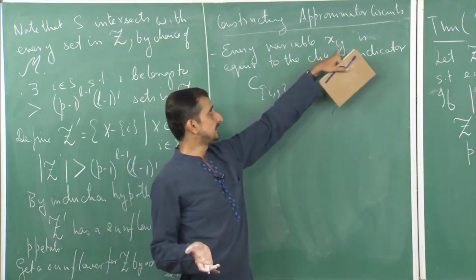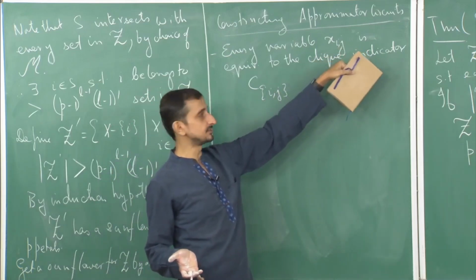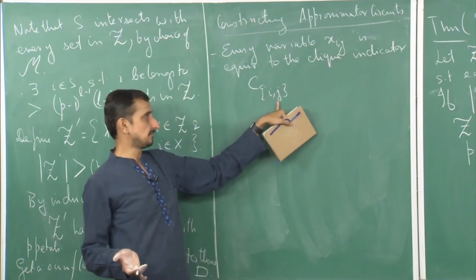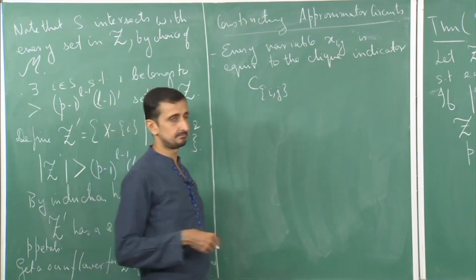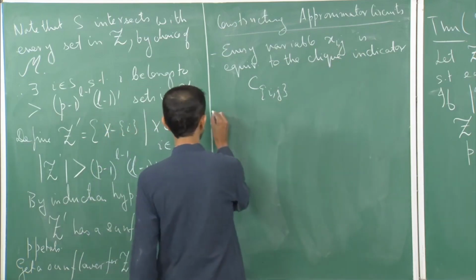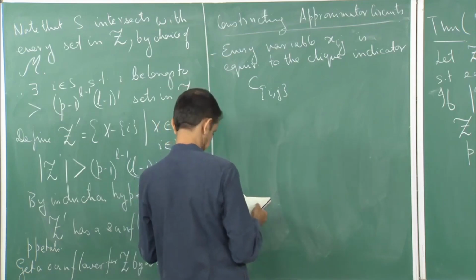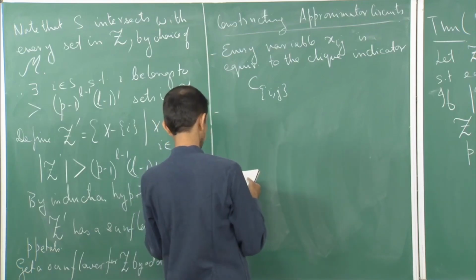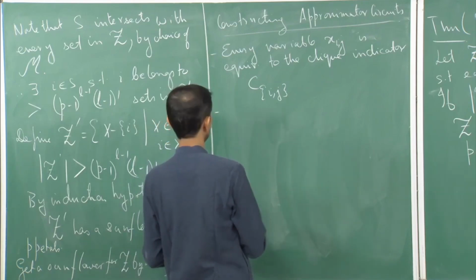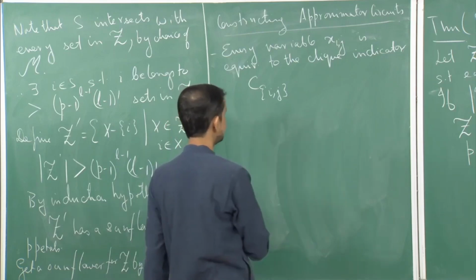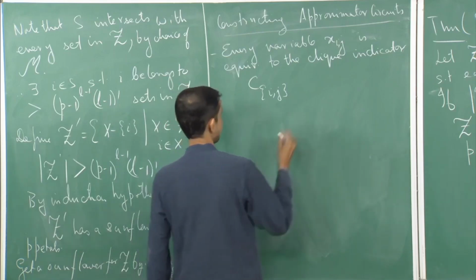So if there is an edge between i and j, that is if xij is true, then ij forms a click, and otherwise not. Now these input variables are already an approximator.